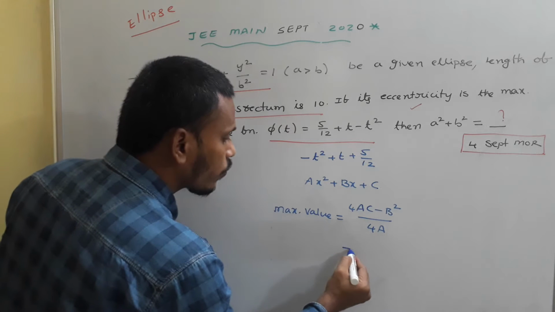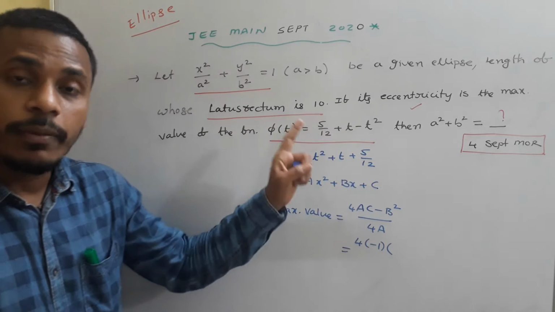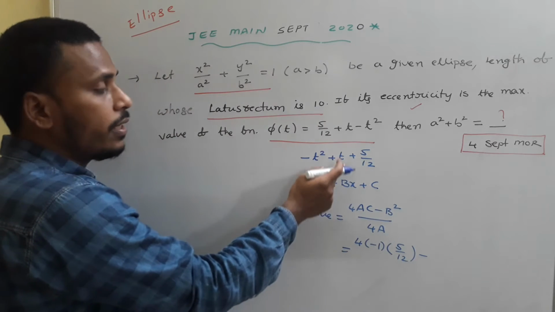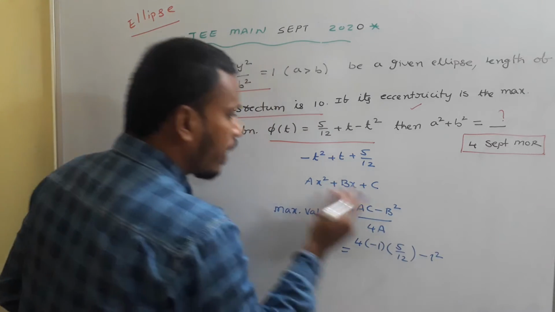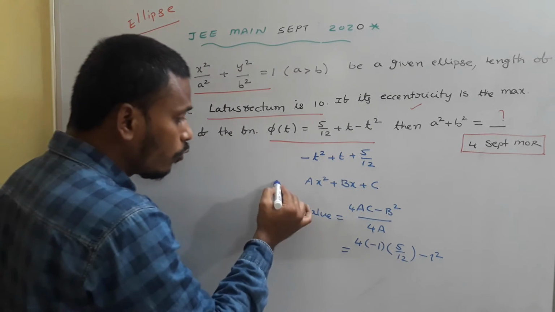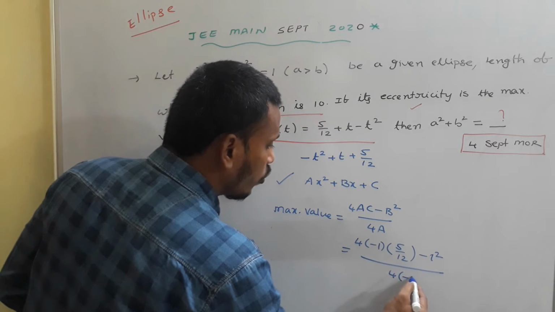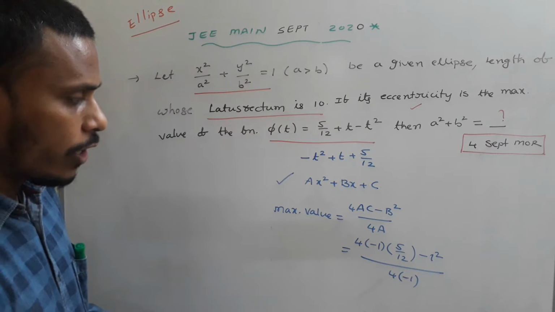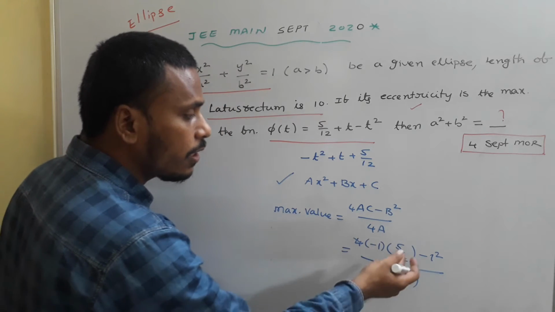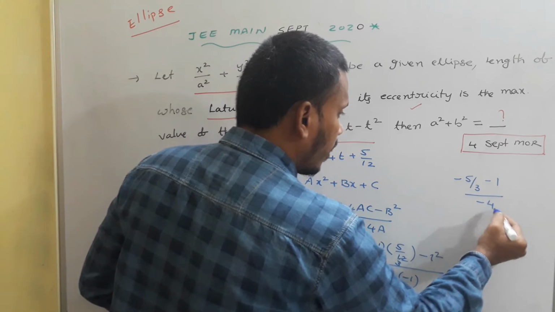Now A is minus 1, so 4 into minus 1. What is C? If you compare, C is 5 by 12. So 4 times minus 1 times 5 by 12, minus B square. B is 1. Given minus t square plus t plus 5 by 12, it is a quadratic in terms of t, and usually we work with the quadratic in terms of x. That's it, no problem. Divided by 4A, that is 4 into minus 1. Now simplify. 4 times 5 by 12 is 5 by 3, so minus 5 by 3 minus 1, divided by minus 4.